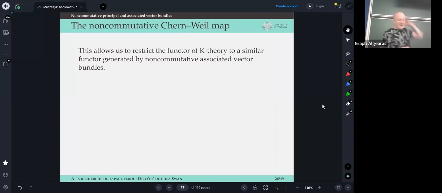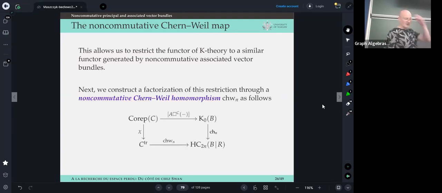Okay, so then we can repeat this Chern-Weil computation, which can be summed up by a similar commuting square with different objects and different arrows. But it's obvious that we have to think about co-representations of this coalgebra as K0 of this classifying space, some kind of classifying space.